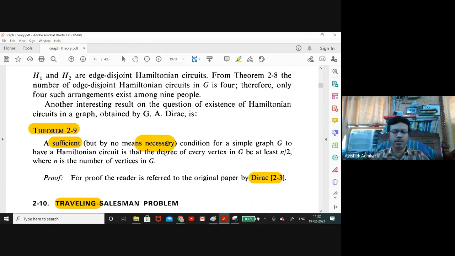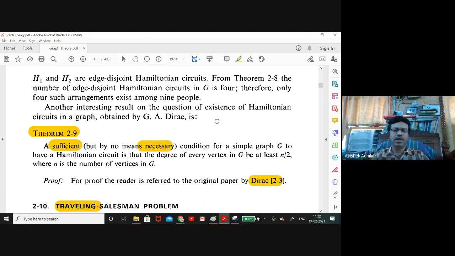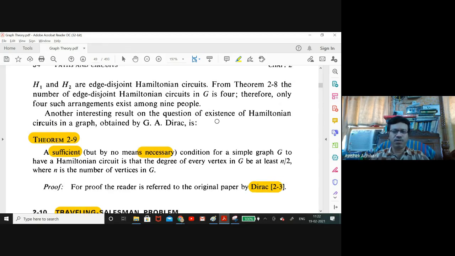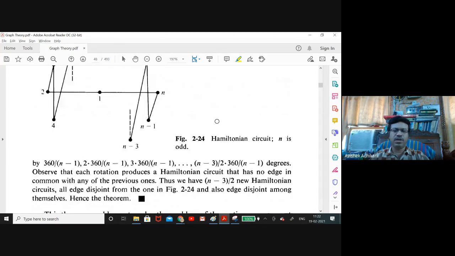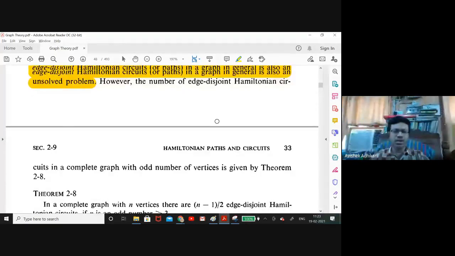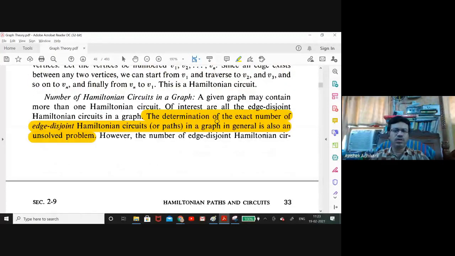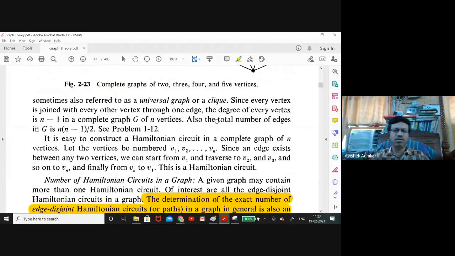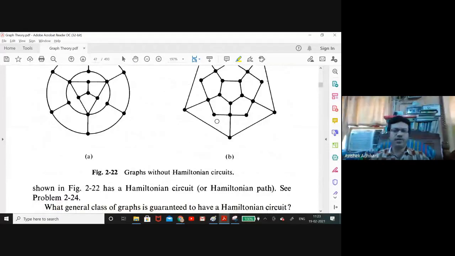So if you are able to prove this, then you will certainly be famous, no doubt about that. It's a long-standing problem, as I have mentioned, from 1859 or so, when Hamilton proposed it. I request all of you to have a look at this.